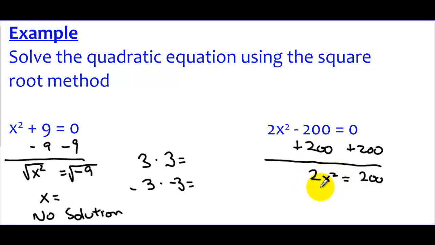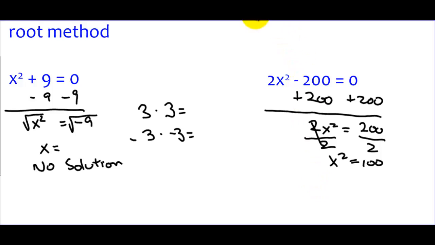This is 2 times x squared, so I'm going to divide, and it looks like x squared is equal to 100. Now that x squared is alone, I can do the square root. The square root of x squared is just x. The square root of 100, remember, is not just 10. It's also negative 10.